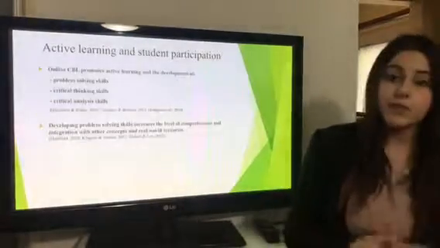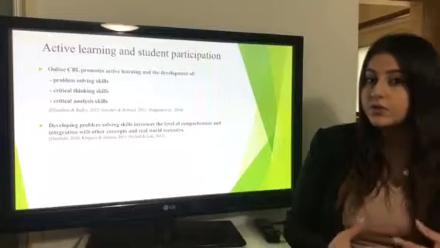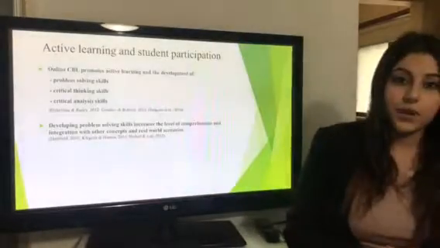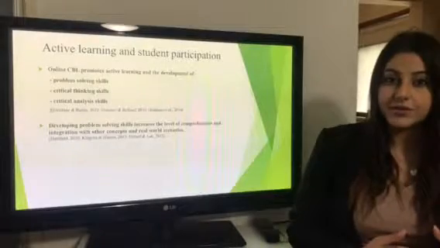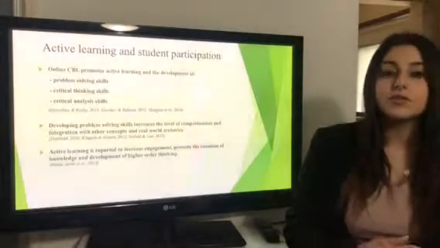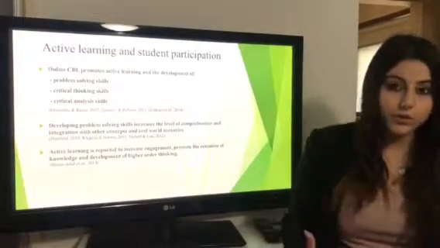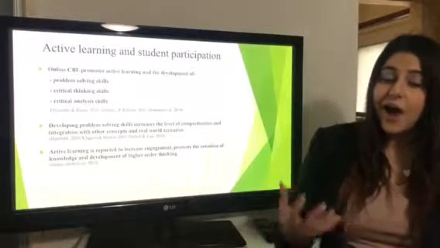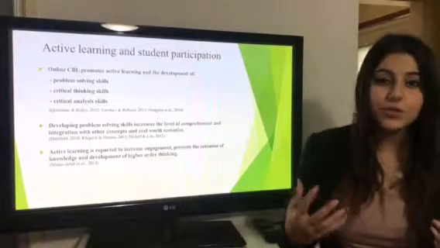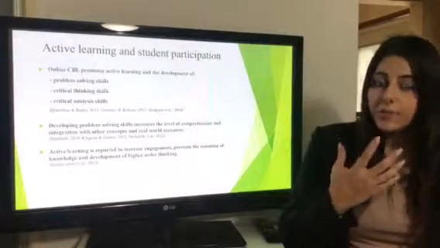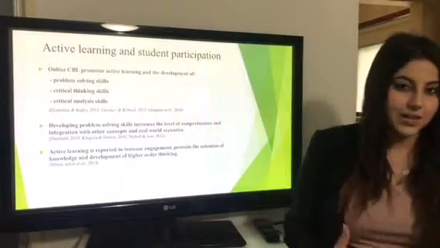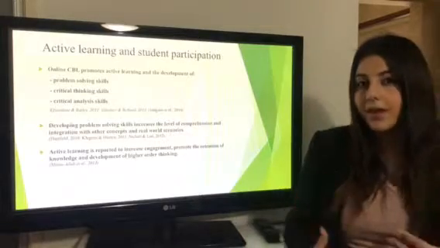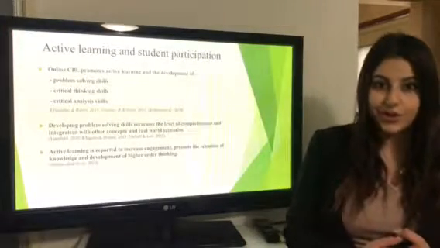It allows them to develop problem solving skills, which is known to increase the level of comprehension and help with that application to real world scenarios. Active learning has been linked to promoting longer retention of information and higher order thinking, moving students away from memorizing and rereading and rewriting from this didactic style of teaching to actually applying and understanding what they learn.